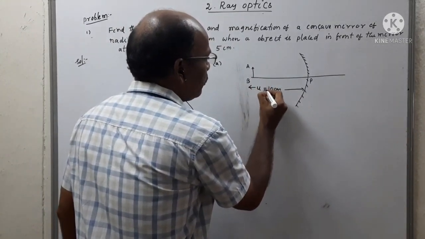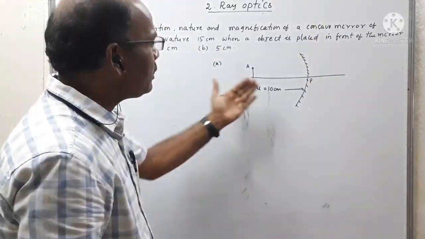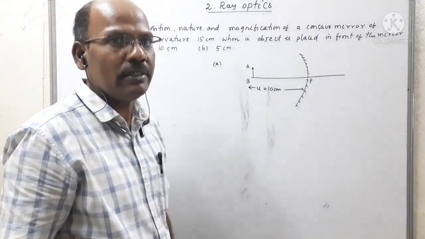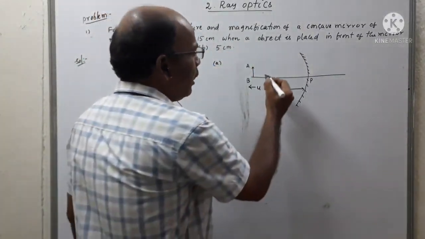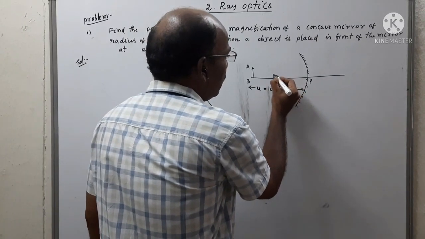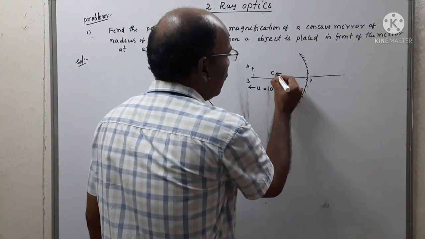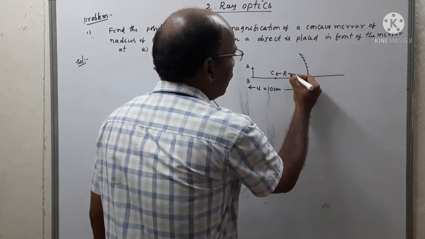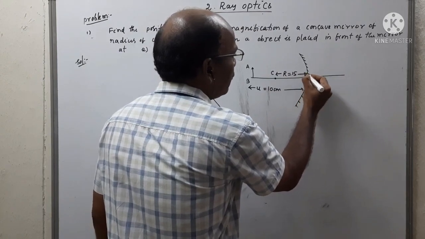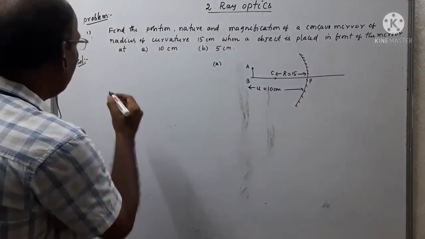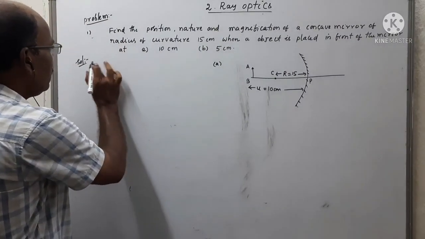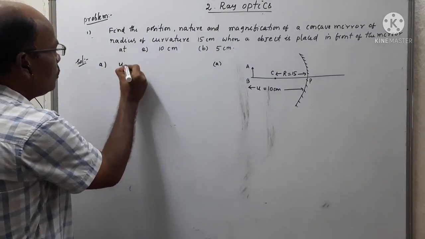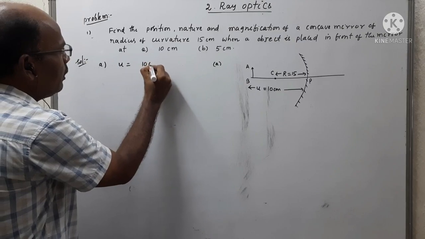So this is given. So what is the size of the image and the nature of the image? And radius of curvature is also given. So this is the center and this is r. R is equal to 15 centimeters. So first we write the given data. That is A. So u is equal to 10 centimeters.